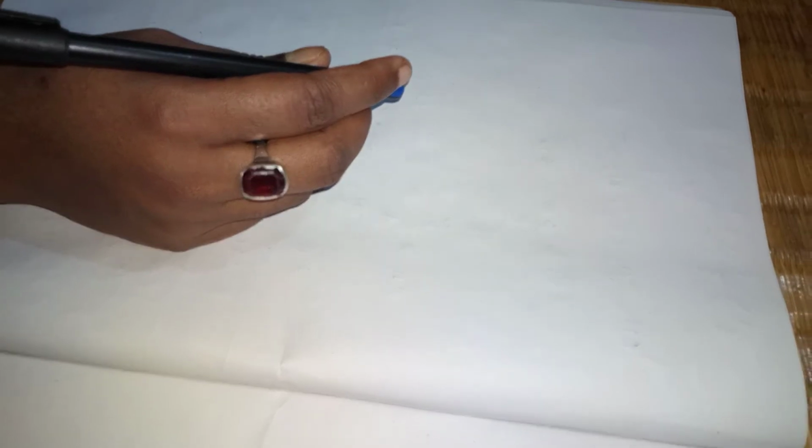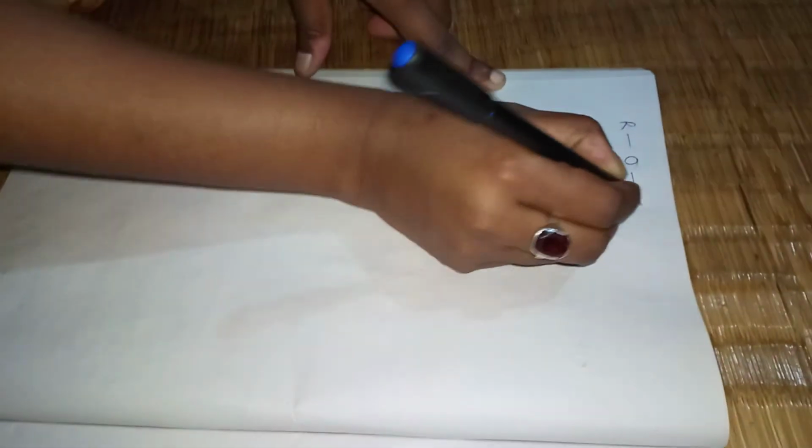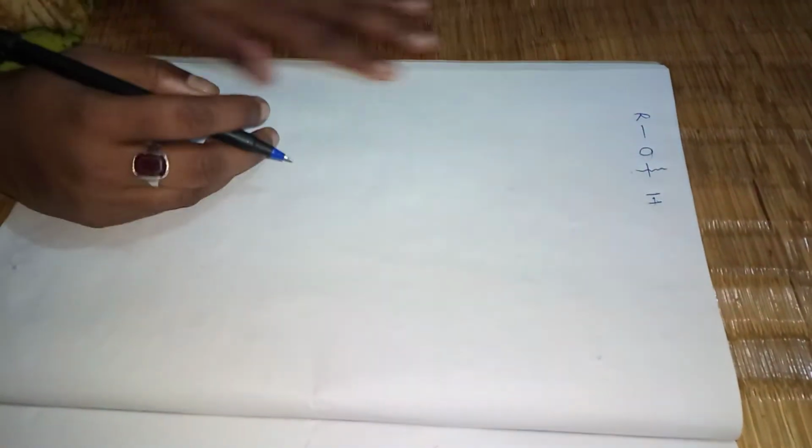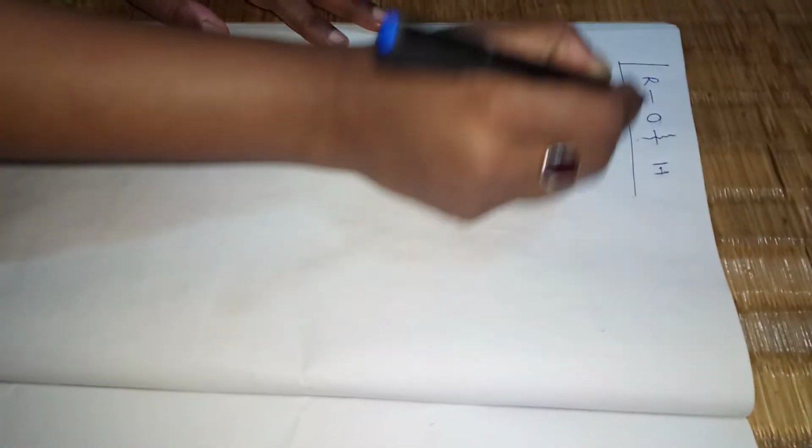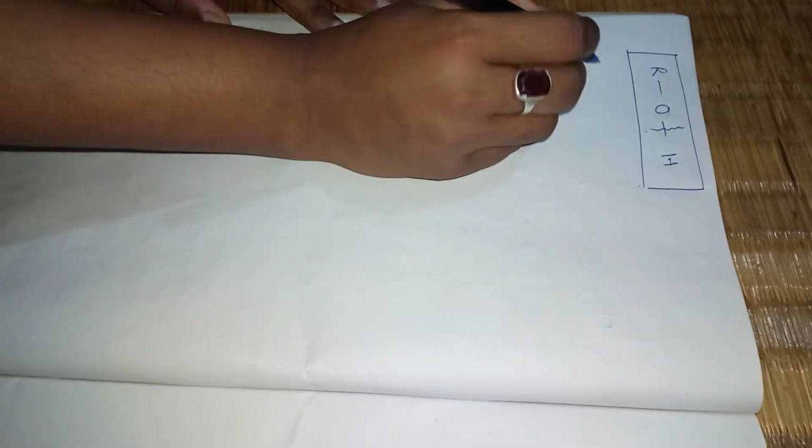other chemical reactions given by alcohol, in which we will break this OH bond. What are those reactions?